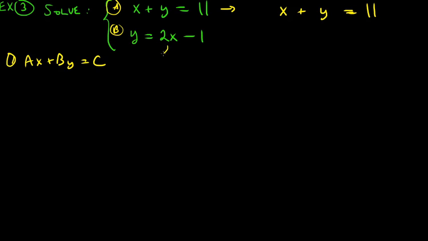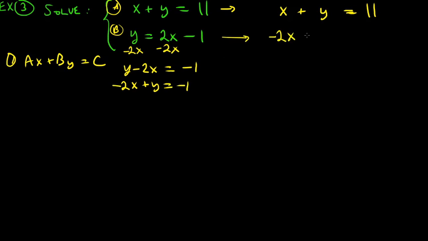So in order to get the 2x to the left side, we need to subtract it from both sides. So we can write this as y minus 2x is equal to negative 1. But we want to put the x first, so negative 2x plus y equals negative 1.